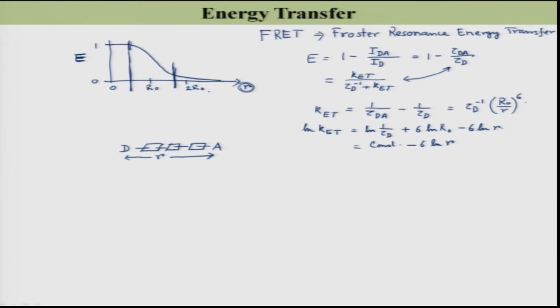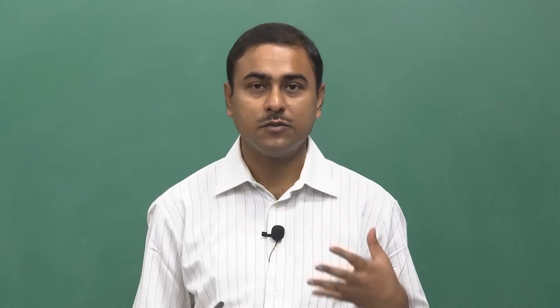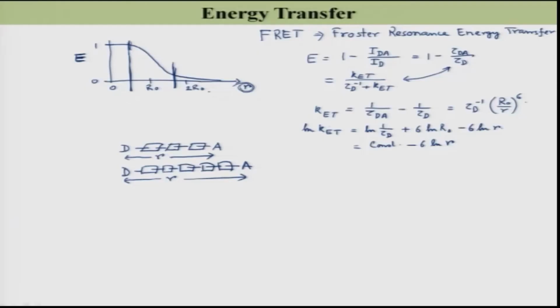It means that for such a molecule, if you can vary this distance, right. Suppose you have prepared one like this and then you have prepared another like this, and you know in organic chemistry synthesis somehow you know what this R is, right, and you can vary R as per your desire, and for each molecule you are going to measure this k_ET.